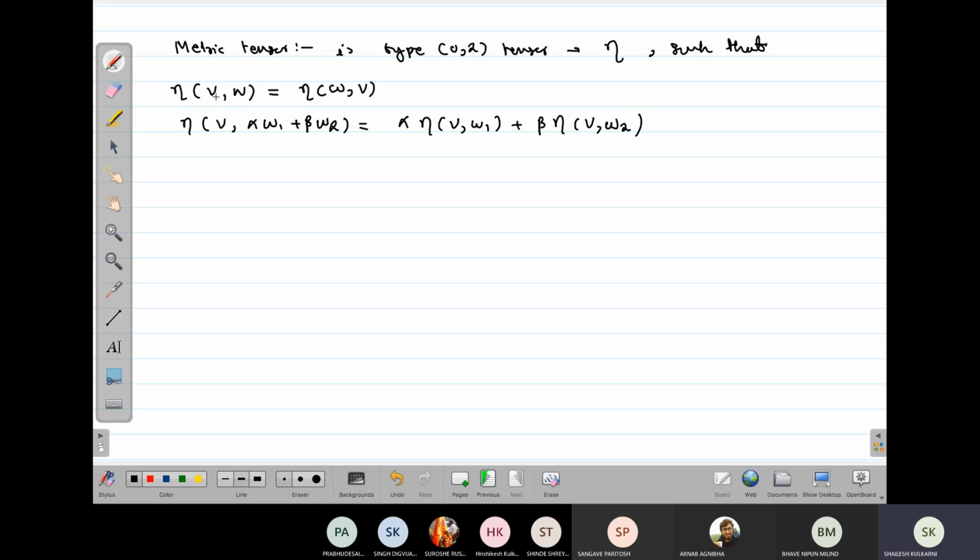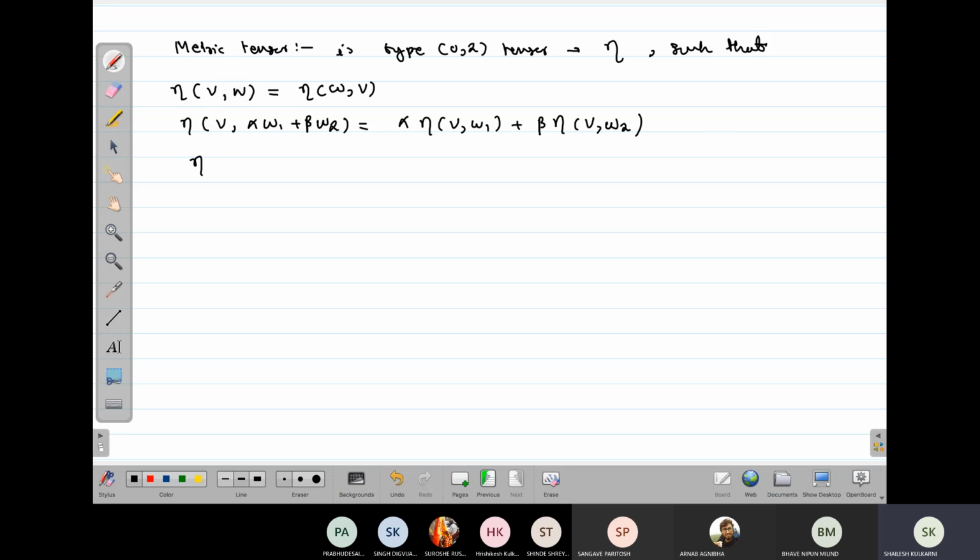So instead of saying the inner product between V and W, I say that eta acting on V and W gives me a number. In practice, to calculate the action of eta on V, W, we just use the inner product.